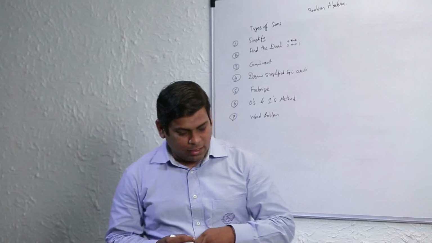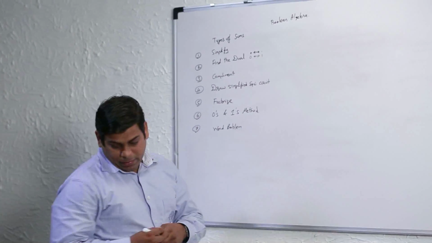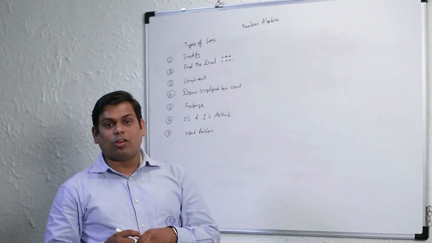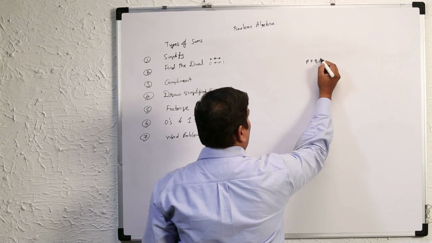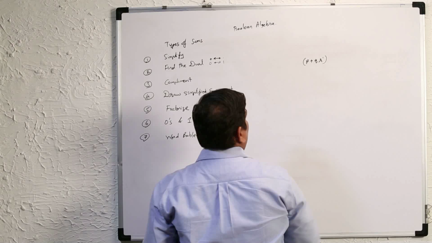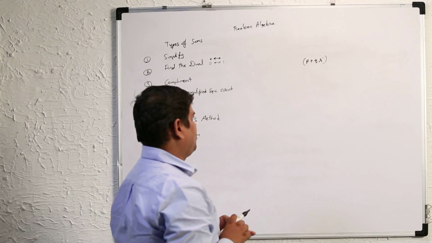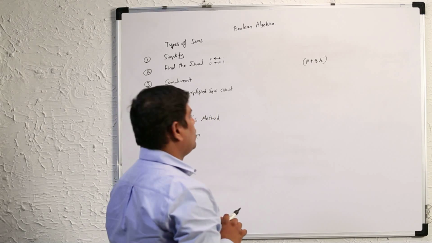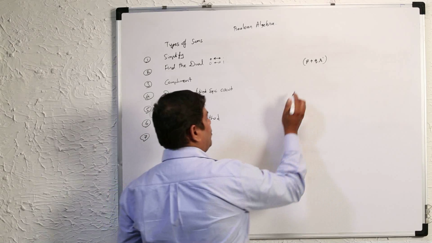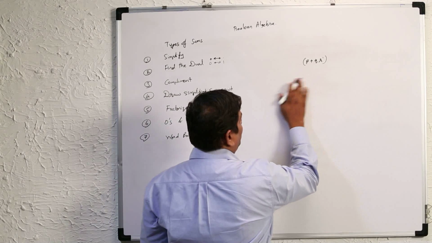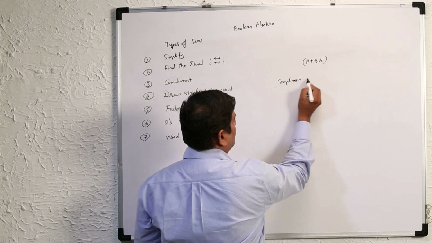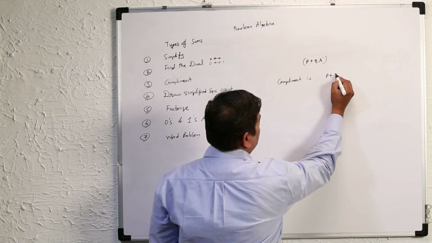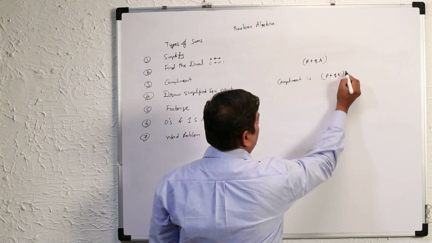Okay, now let us see type 3 category, complement. The question will always come as find the complement of P plus Q R dash. Now find the complement of this. The complement of this means P plus Q R dash the whole dash.